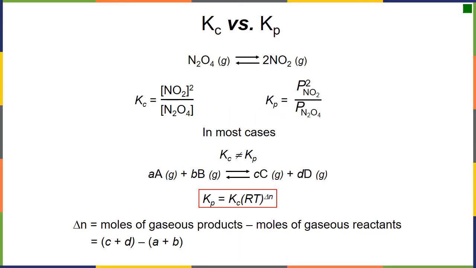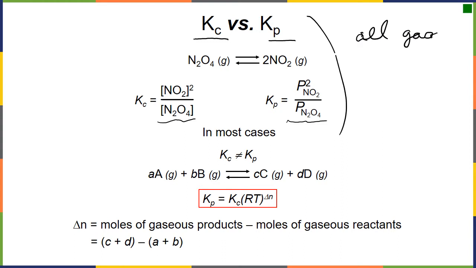First of all, if we would like, we can relate K sub C to Kp, our equilibrium constant in terms of concentrations versus our equilibrium constant in terms of partial pressures. How can we do this? Well, note this only works if we have all gases.